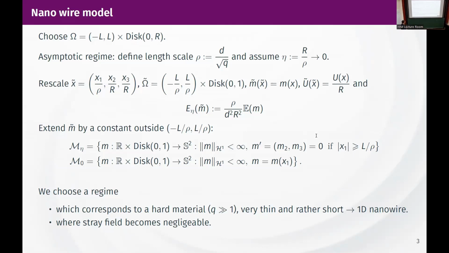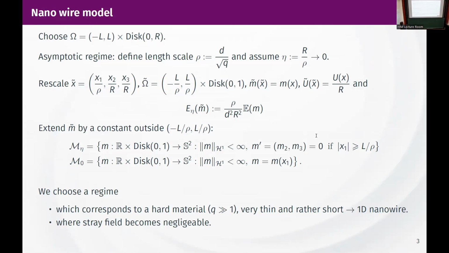If I want to do this properly, in the end I want the length to go to infinity to get the whole line. And so the functional space that I look at is essentially where I extend m by a constant outside the cylinder.